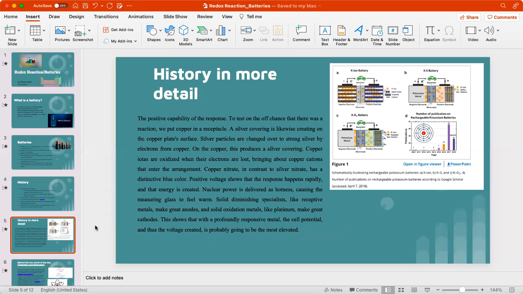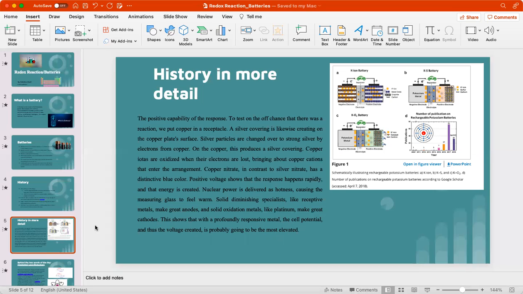More on the history in detail. To test one of these reactions, we put copper in a silver nitrate solution. A silver coating is created on the copper plate surface. Silver ions change over to solid silver by taking electrons from copper.